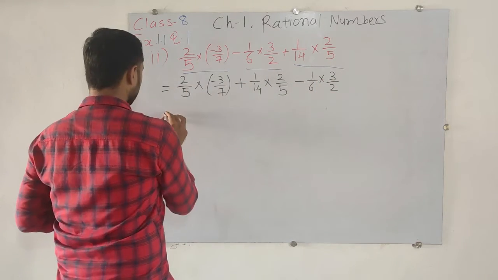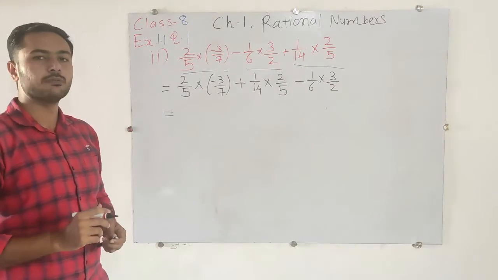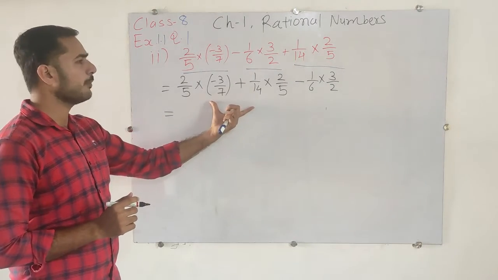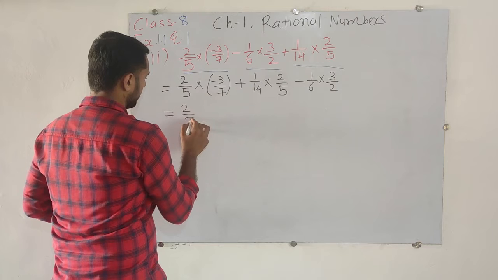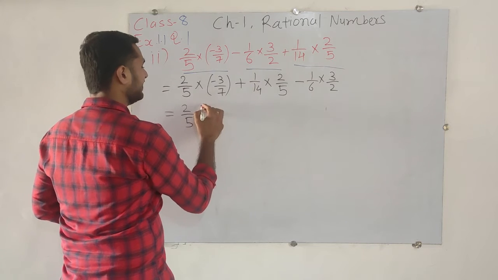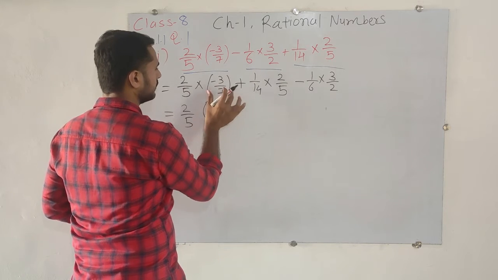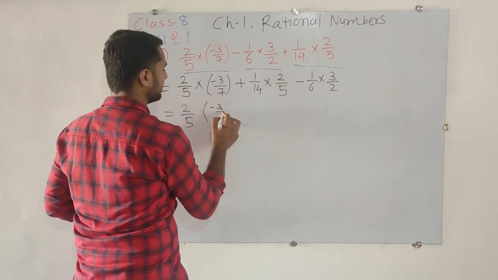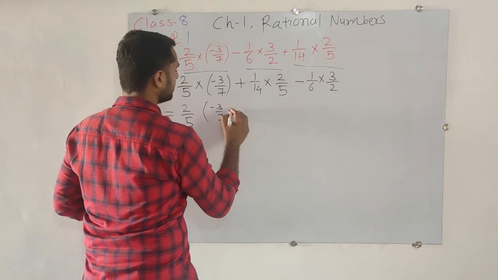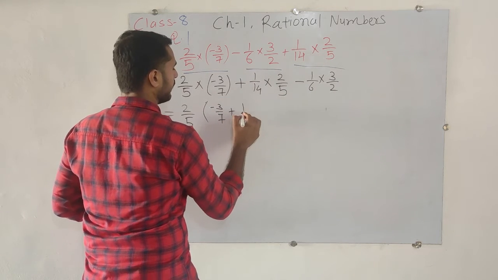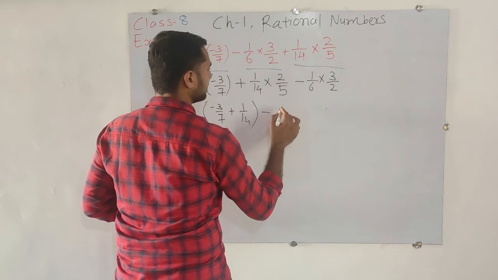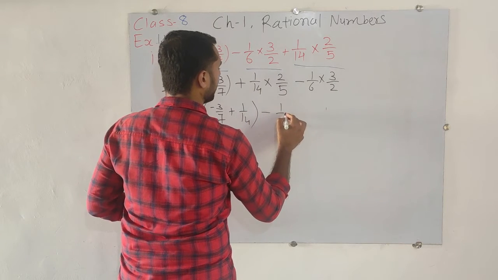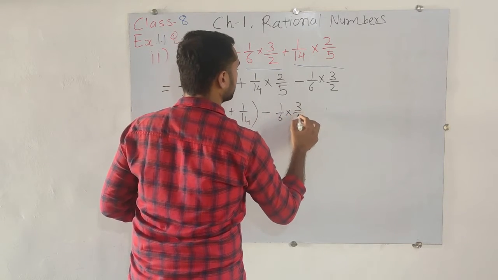Now in the next step, we will take out the common. What is the common over there? That is 2 by 5. So I am just going to take out the common, that is 2 by 5, and write down here minus 3 by 7 remains, plus sign, and here 1 by 14. And this term will be as it is, 1 by 6 multiplied by 3 by 2.